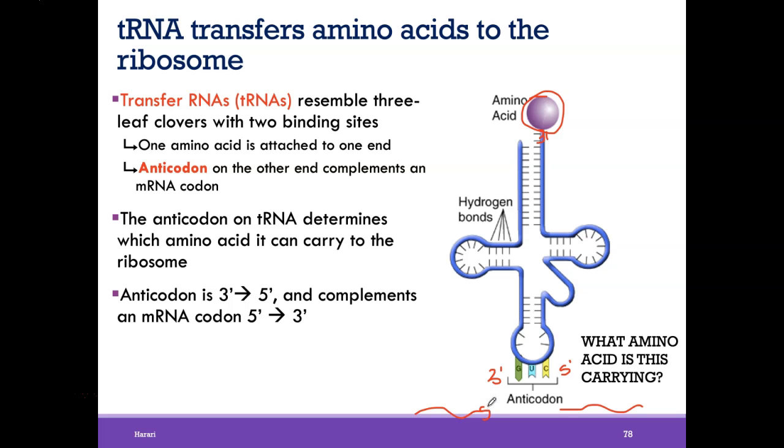Well, it would be C with G, A with U, and then G with C. So this anticodon will complement the codon 5' CAG.